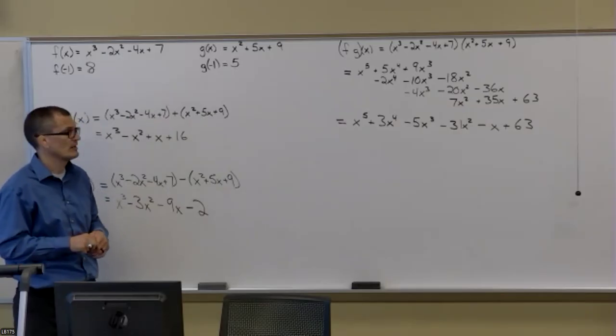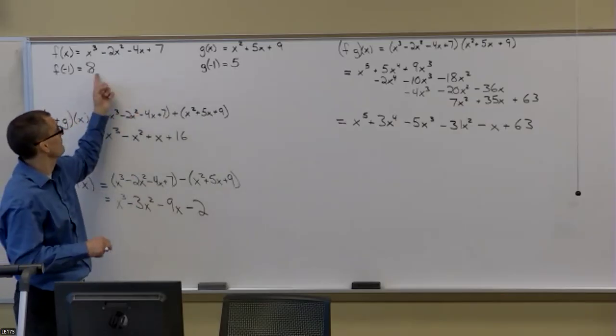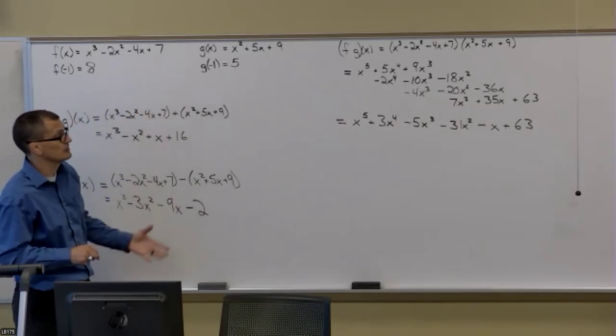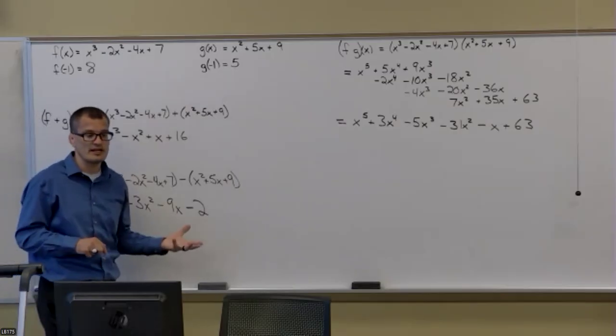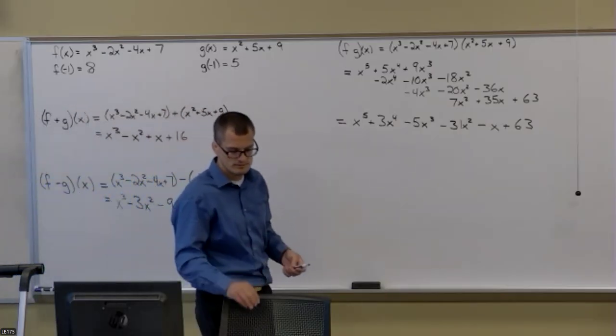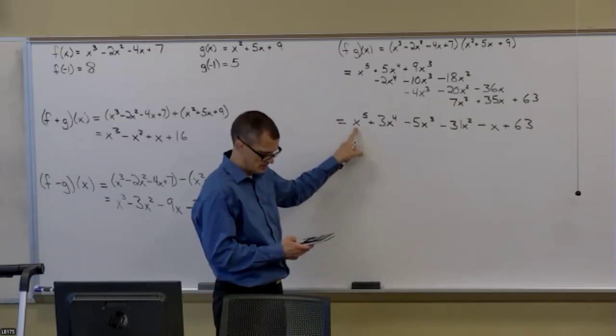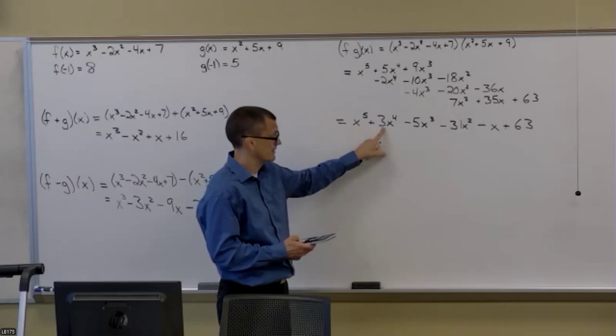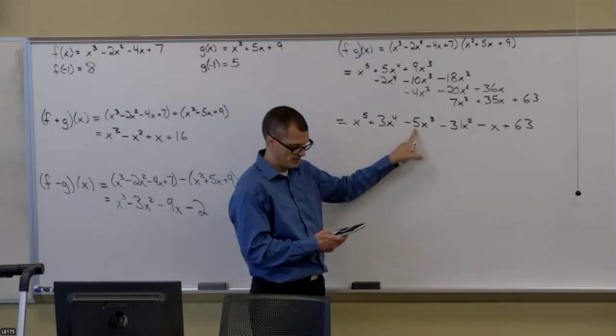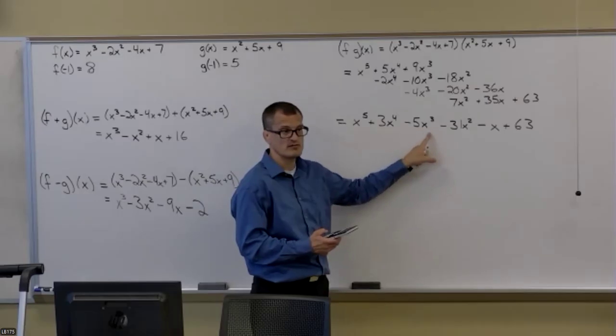We know -1, so we should get 40 when we plug in -1. And -1 plus 3. This will be a plus 5 when we plug in the -1, this term.